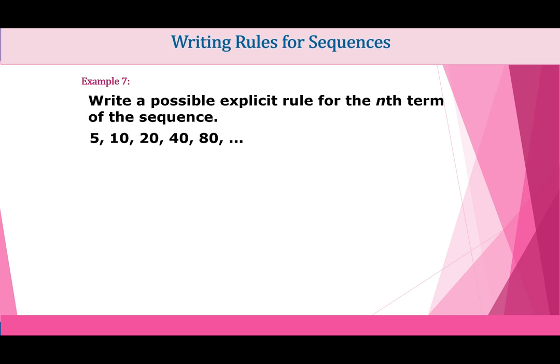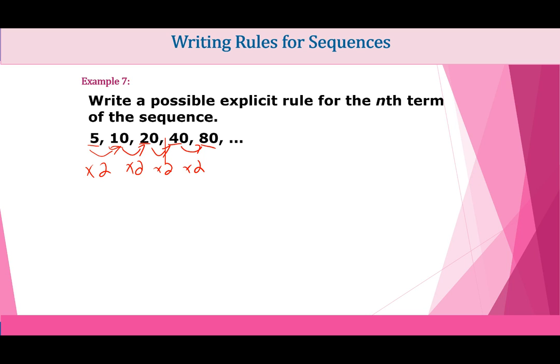So, write a possible explicit rule for the nth term of the sequence. Let's look at what type of sequence we have first. We're going 5 to 10, 10 to 20, 20 to 40, 40 to 80. Now, just by inspection, I can see that this is being multiplied by 2 each time, times 2, times 2, times 2, times 2.